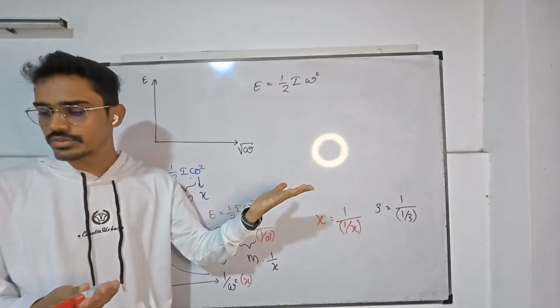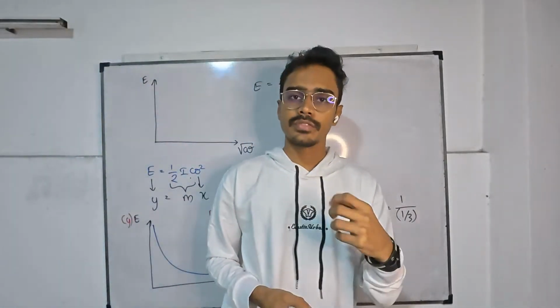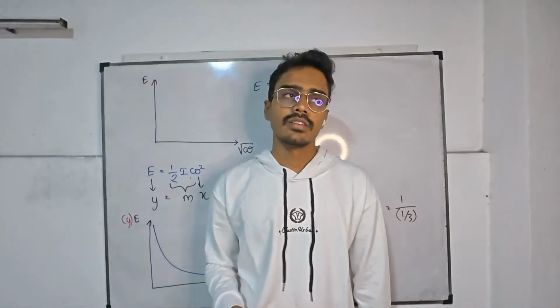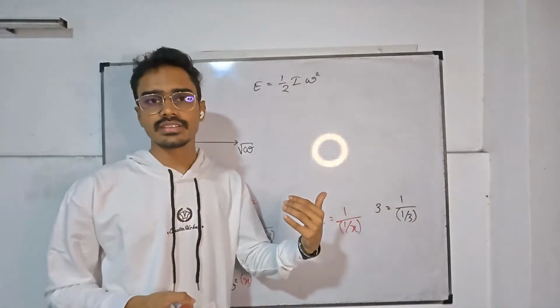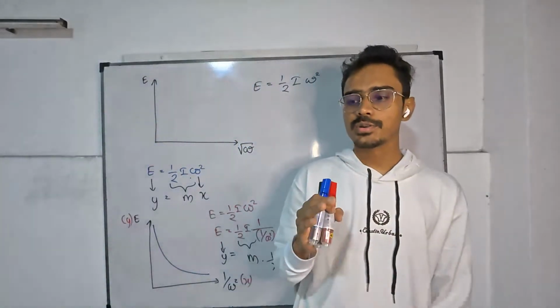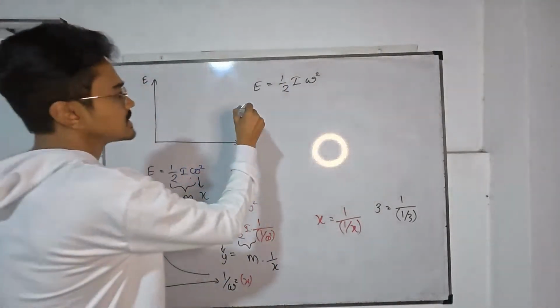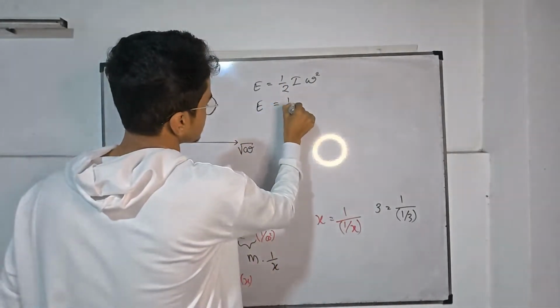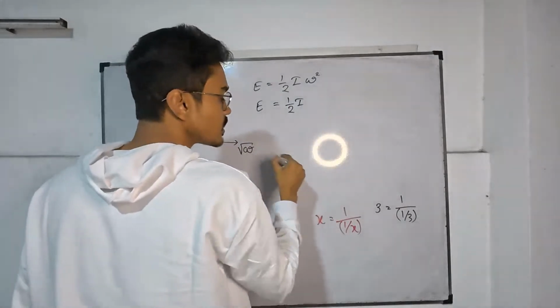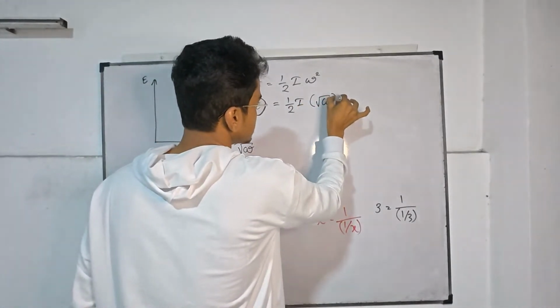So we have to create root omega in the equation without harming the equation. I can write the same thing as half I times root omega to the power 4.